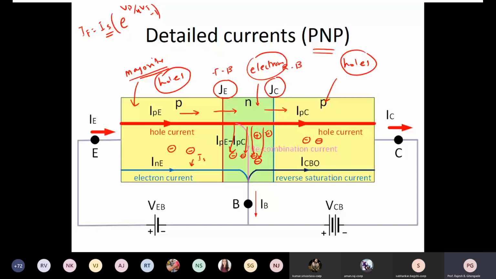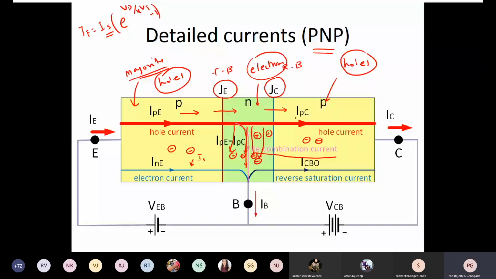Since these are combining with electrons, some current will flow, and this is called the recombination current. In fact, it forms the base current. Whereas a majority of the charge carriers, which are the holes, are pushed into the p-type region here in this case.